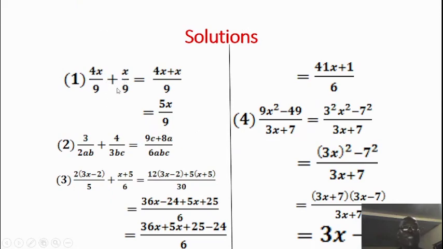You know how to find the LCM of numbers or variables. The LCM of 9 and 9 is actually 9, and you do it as you used to do it before. 9 dividing 9 is 1, multiplying 4x is 4x. 9 dividing 9 is 1, multiplying x is x, and 4x plus x simply means 4x plus 1x.